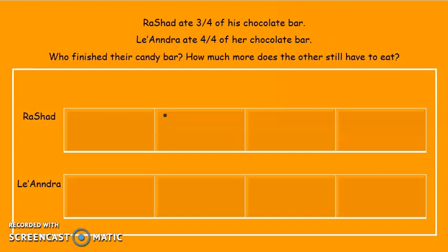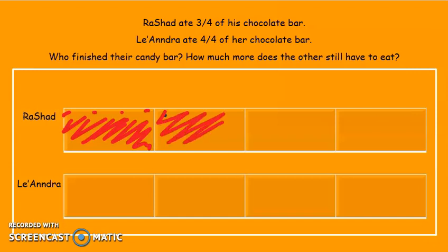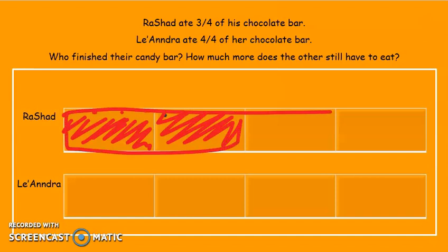So I hope that you were able to look at that one, and if you were able to make those fraction tiles, use them now. But I'm just going to go ahead and shade mine in. You can do this by drawing a picture too. So 3/4 would be 3 out of 4. I see that I already have 4 of my boxes, so I really just need to color in 3 of those. And sorry guys, my pen seems to be a little funky today, a little patchy. So I fill in 3.